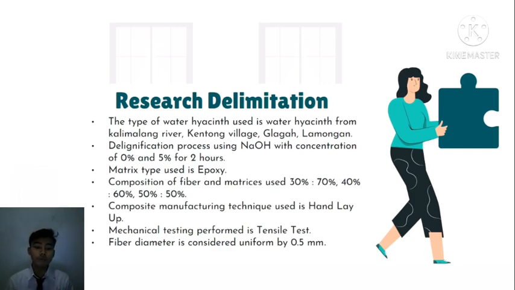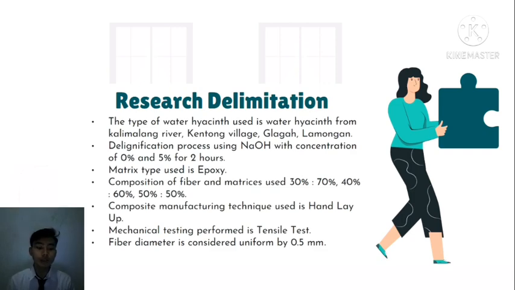Matrix type used is epoxy. 4. Composition of fiber and matrix used is 30% to 70%, 40% to 60%, and 50% to 50%.